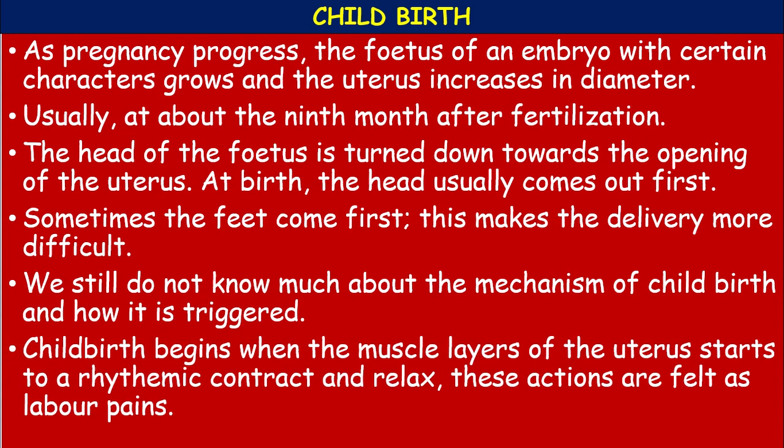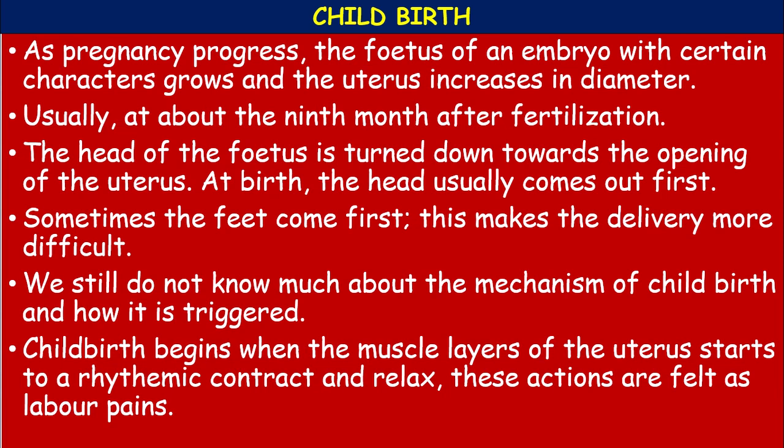Okay, it involves the participation of several hormones. Oxytocin is one of the hormones released by the pituitary gland. It stimulates the muscles of the uterus to contract and relax rhythmically. The childbirth begins when the muscle layers of the uterus start to rhythmically contract and relax.